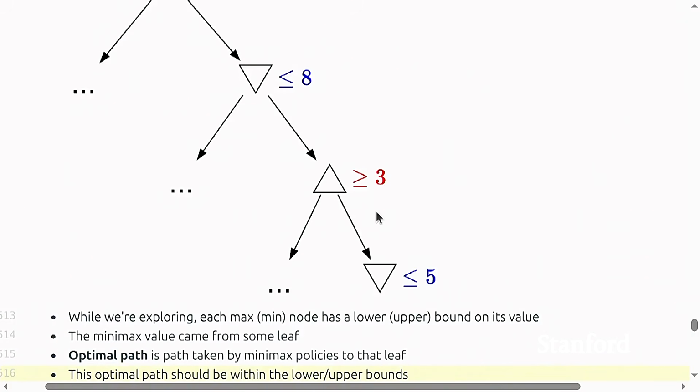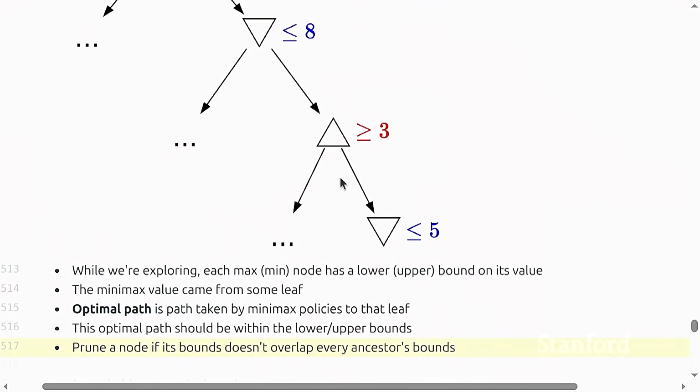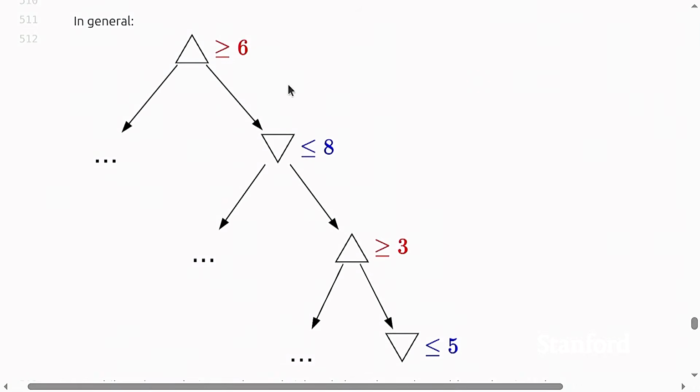Which means that if a node gives me bounds that don't overlap with every ancestor's bounds, then I can prune that away. For example, this is greater than 6, less than 8, greater than 3.